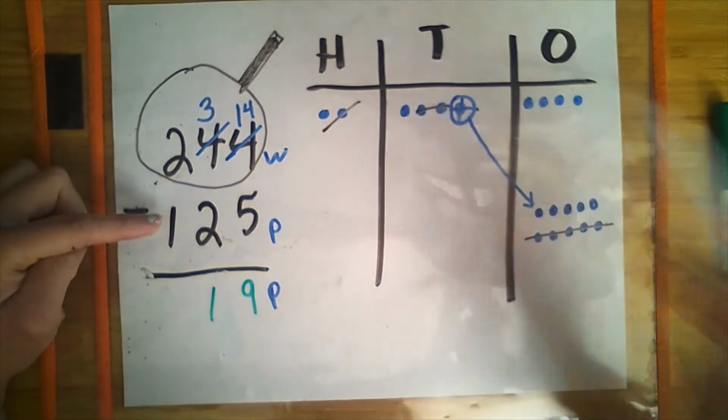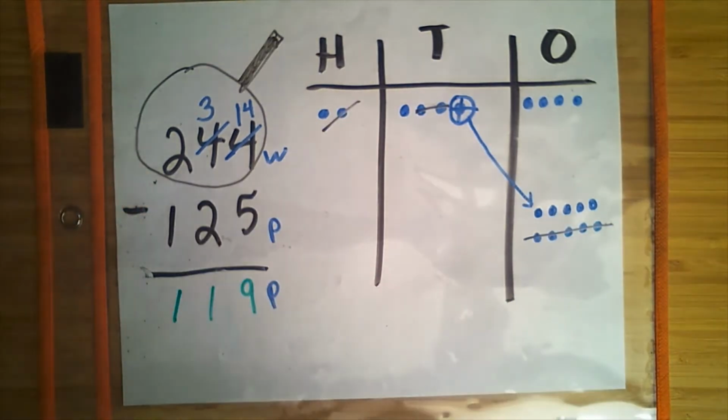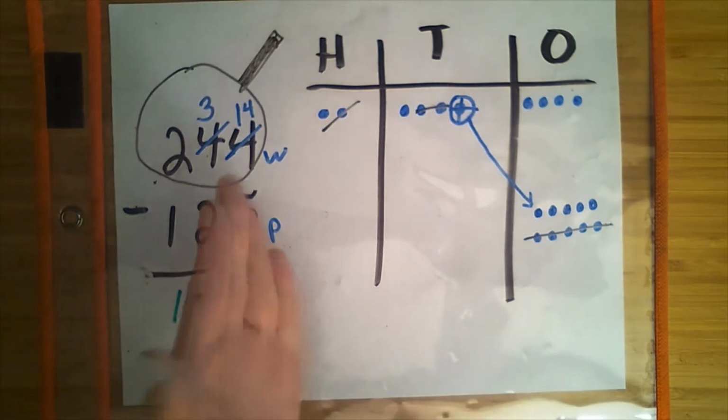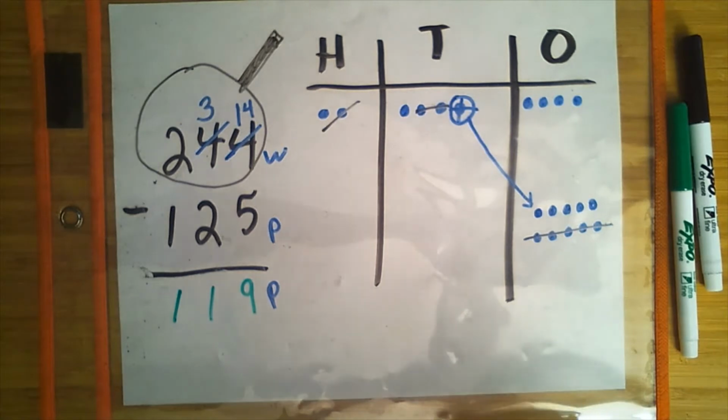Bloop. Now I have just 100 left. Therefore, my missing part is 119. What is the answer to 244 minus 125? It is 119. Now we're going to check our answer with addition.